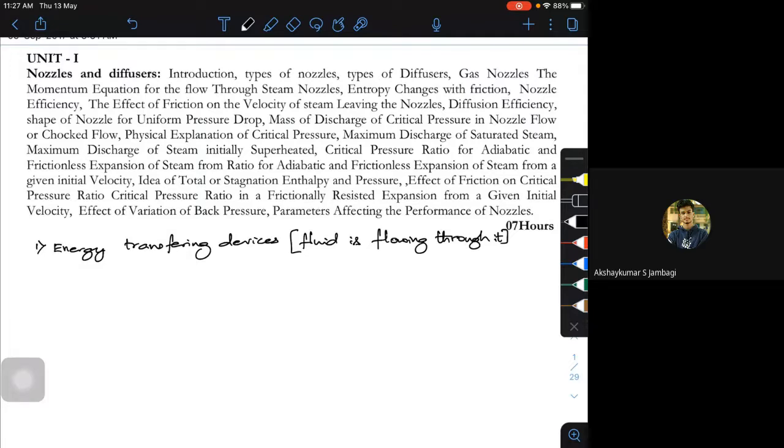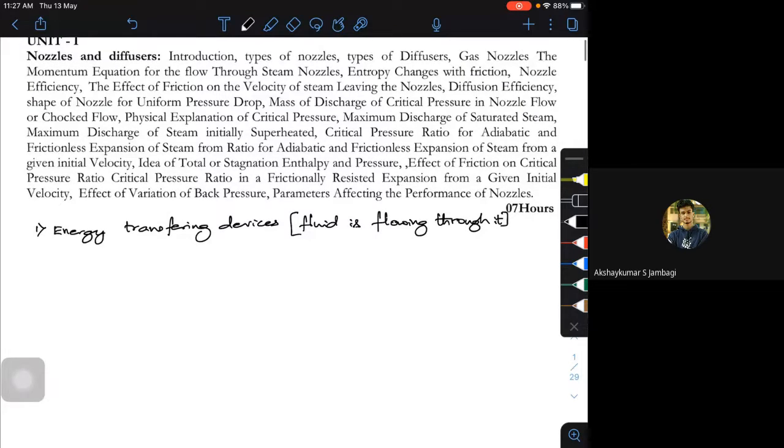Now, if I take the nozzle, what will happen? When the fluid is flowing inside it, it will try to accelerate. So the fluid gets accelerated.